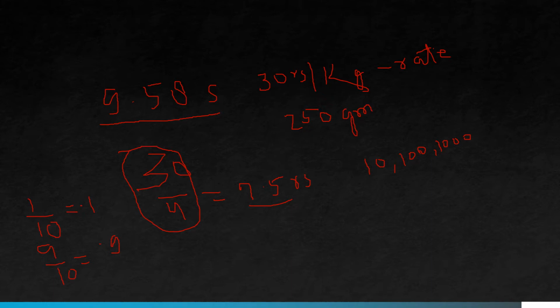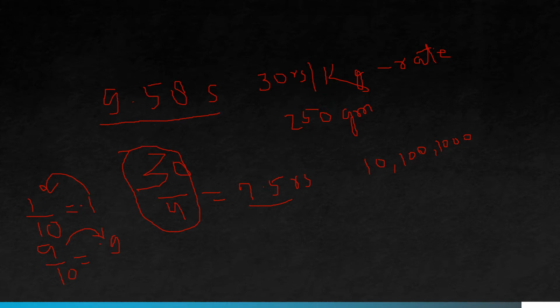So you can convert this decimal to fraction like this, and then fraction to decimal like this. So this is the definition of the decimal. And this 1 upon 10 we call 1/10, and this 9 upon 10 we can call 9/10. So this is an example of decimal fraction.